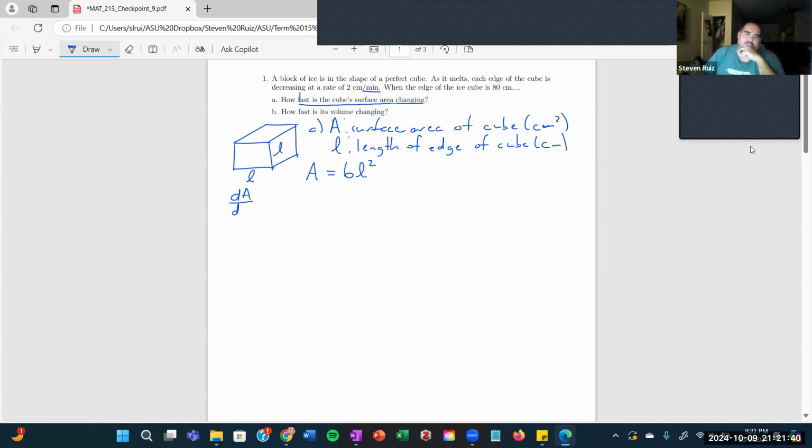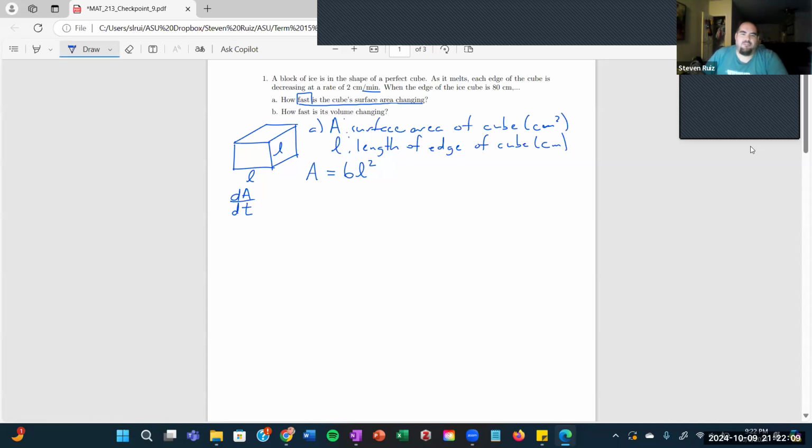The keyword I'm going to focus on here is fast. That signifies to me that I'm going to be looking at something in terms of time, or something that varies with time. It's also kind of implied by one of the rates I mentioned before. We know that the edge of the cube is decreasing at this rate, 2 centimeters per minute. Okay, so I want to find dA/dt.